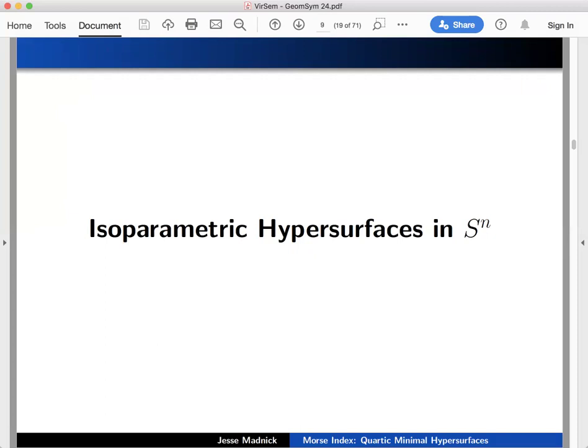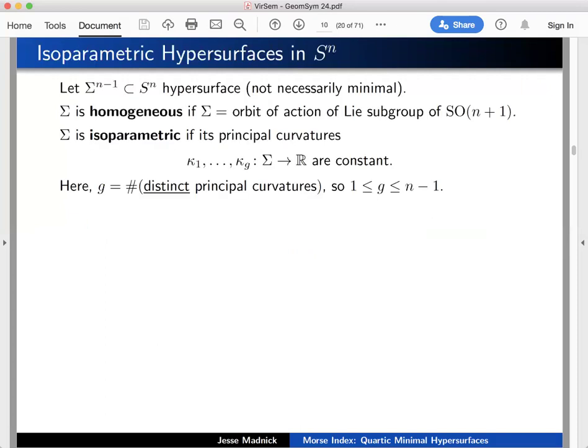So what are those? We need two definitions. Again, let sigma be a hypersurface, but now not necessarily minimal. We'll say sigma is homogeneous if it's the orbit of an action of a Lie subgroup of SO(n+1). SO(n+1) is acting on R^(n+1) in the usual way.